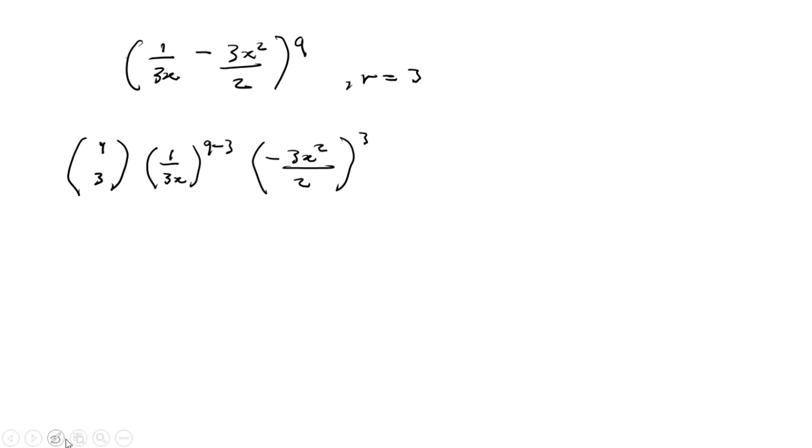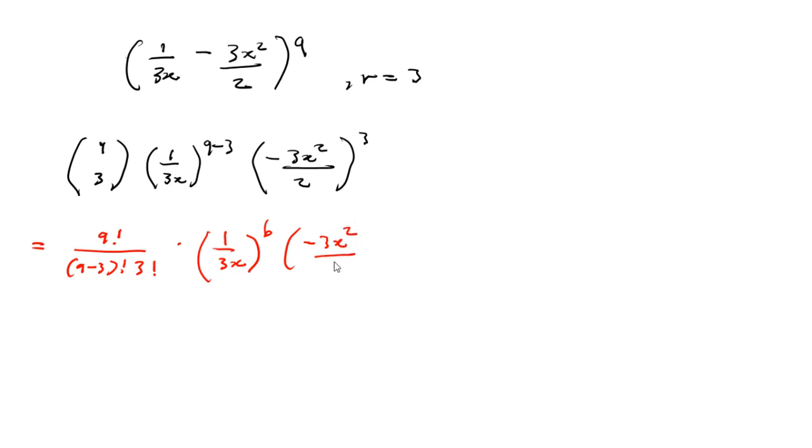So after you do that, 9 combination 3 can be rewritten in such a way that this can be written as 9 factorial over 9 minus 3 factorial dot 3 factorial, and then this one, when you work it out, it's going to be something like 1 over 3x to the power 6, and then there it will be negative 3x squared over 2 to the power 3.